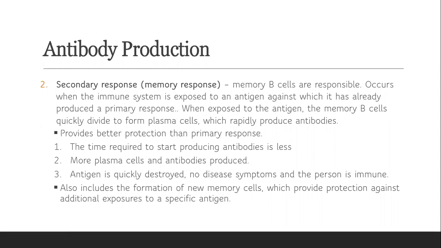There will be more plasma cells and antibodies produced, and the antigen can be quickly destroyed with no disease symptoms, and the person will become immune. Also, it includes the formation of new memory cells that provide protection against additional exposures to a specific antigen.